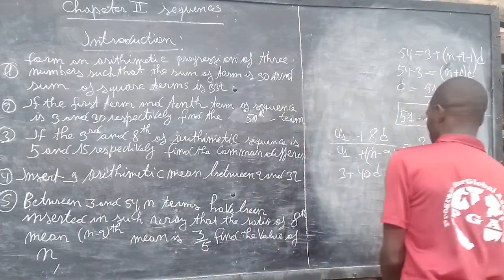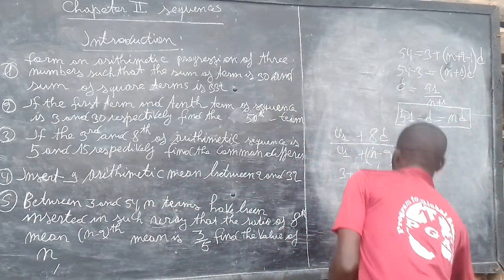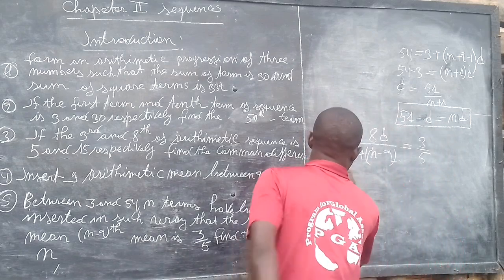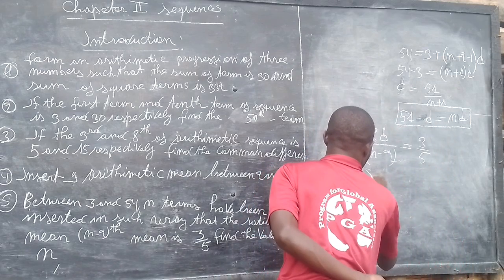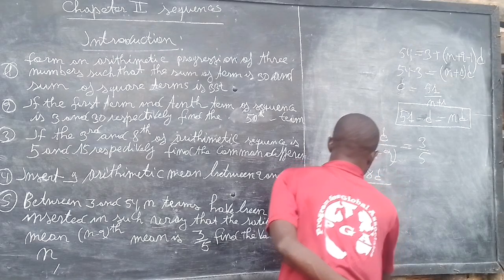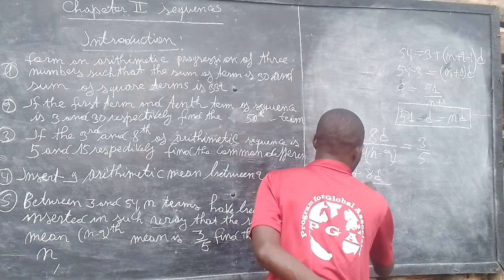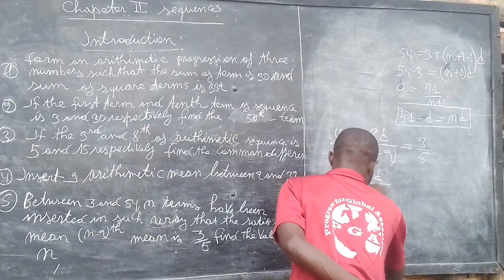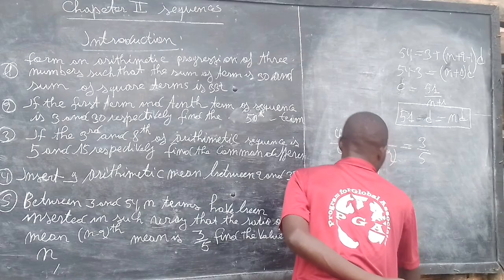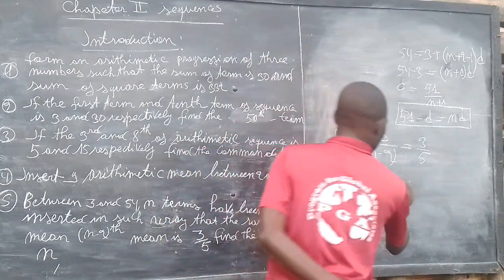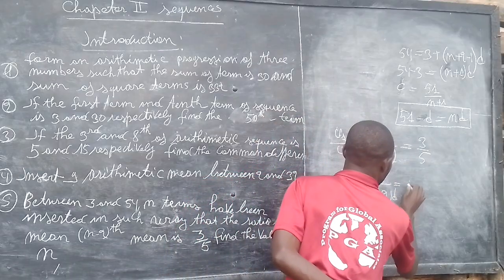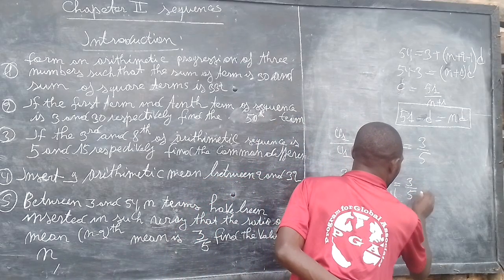Let's write it as it is. Here we have 3 plus 8d over 3 plus n negative 2d, which is equal to 3 over 5.